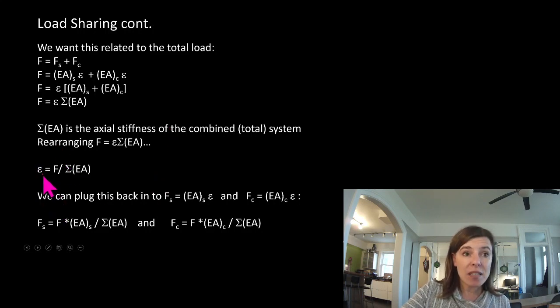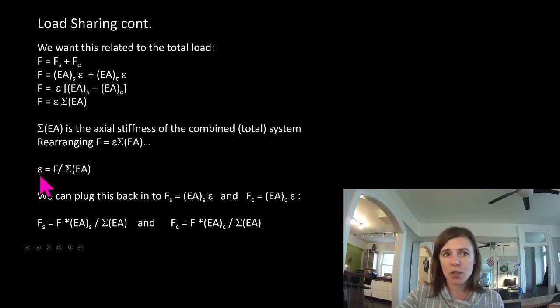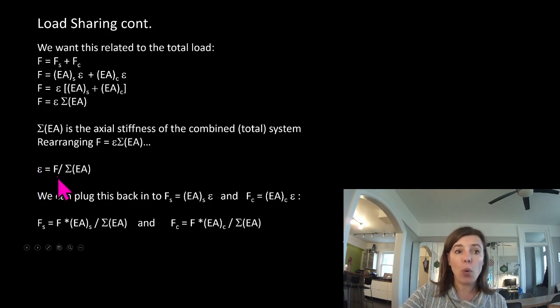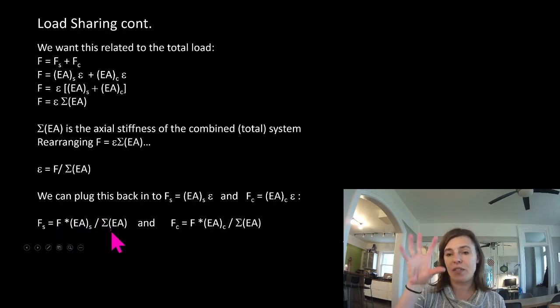So this strain, which is the same across the board, is equal to the total force divided by the sum of the EA. Well, if we know that the force in the steel is equal to the EA of the steel times the strain, then that means the force in the steel is equal to the total force times the EA of the steel divided by the total EA, or the ratio of the stiffness of steel to the stiffness of the whole system.